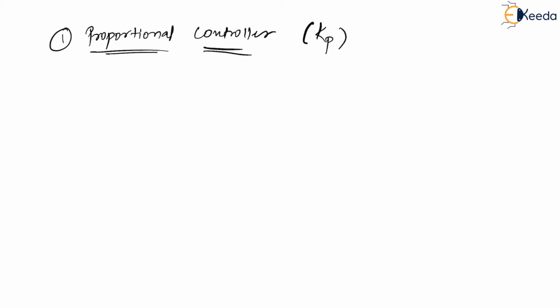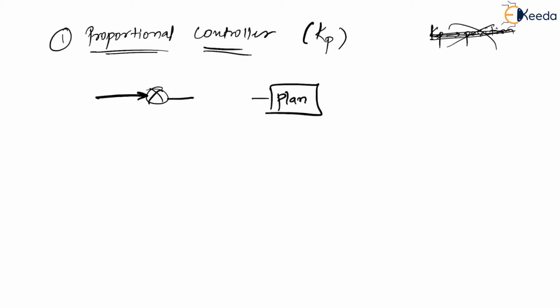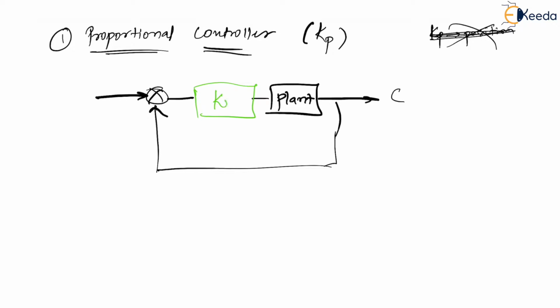The error constant Kp is nothing but the position error constant, but this is not that one, remember that. Now, if we think of a proportional controller, how does that look? This way, Kp, got it?